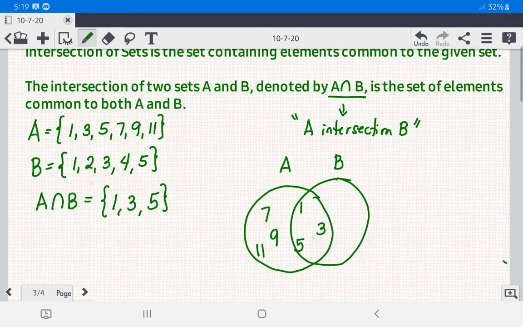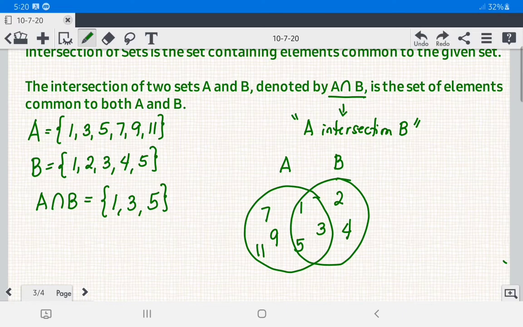So we already have 1, and we already have 3 here. So we will just write 2 in this one, then we will write 4. Then we already have 5 here.